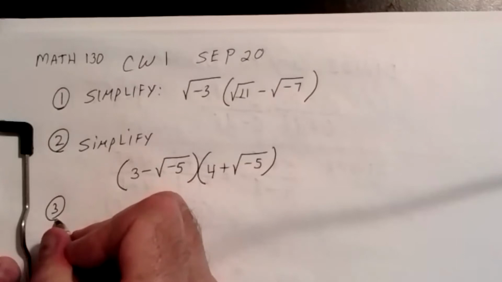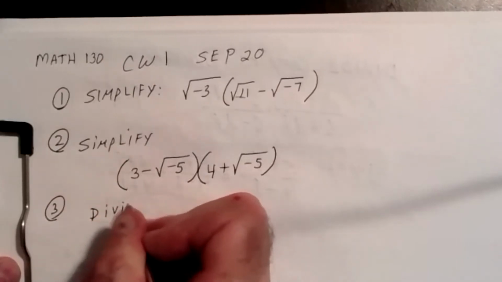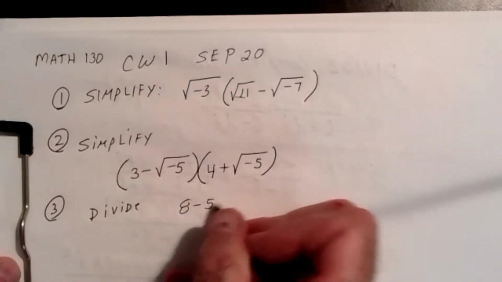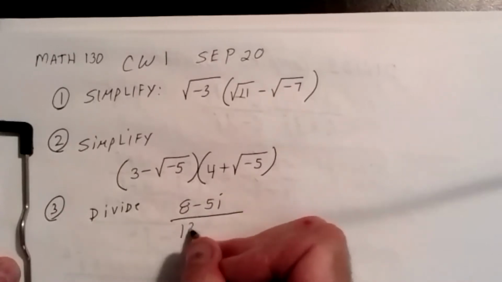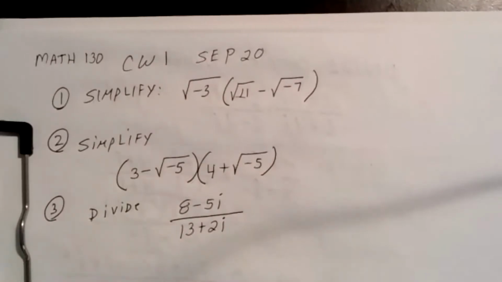Problem number 3, I would like you to divide 8 minus 5I, divide that by 13 plus 2I. There you go, ladies and gentlemen. See what you can do on those, okay?